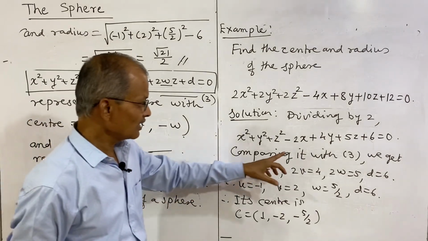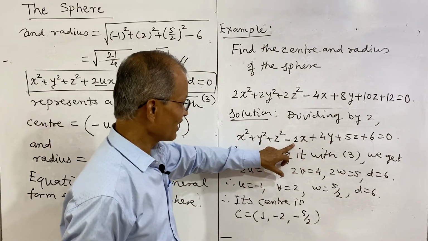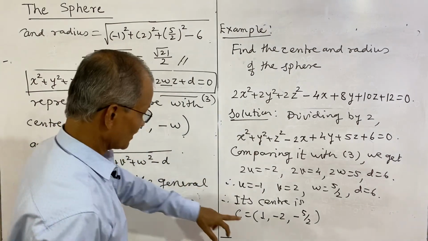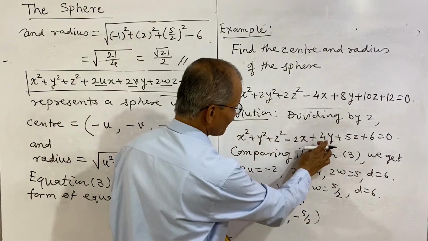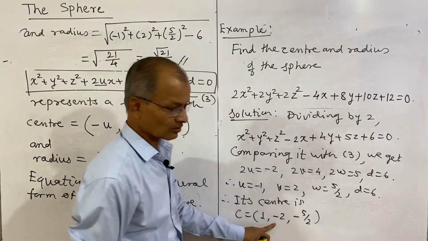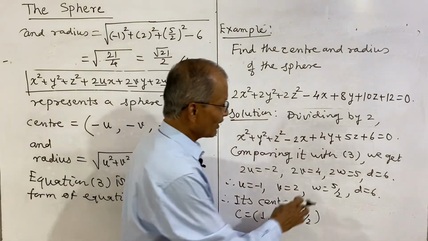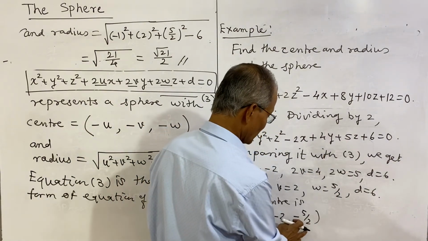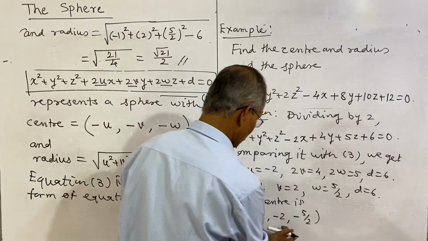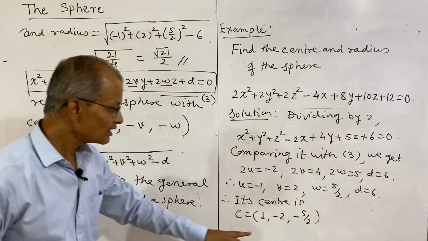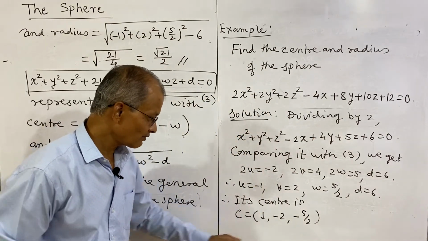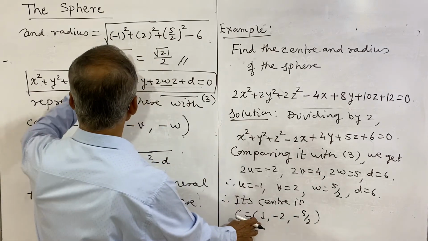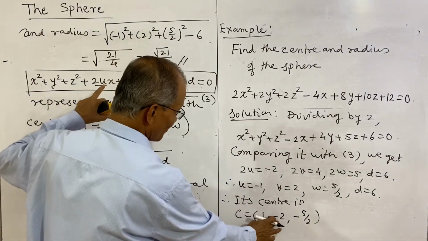So if you see here, divide the coefficient of x by minus 2, we get 1 as the center's coordinate. Divide the coefficient of y by minus 2, we get minus 2 as the y coordinate, and divide the coefficient of z by minus 2, we get minus 5 by 2 as the center's coordinate. And once the center is obtained, we square it. The square of this is 1, plus the square of minus 2 is 4.